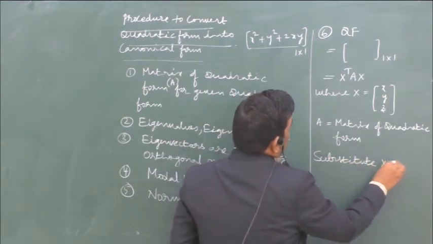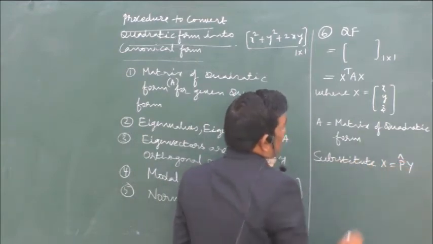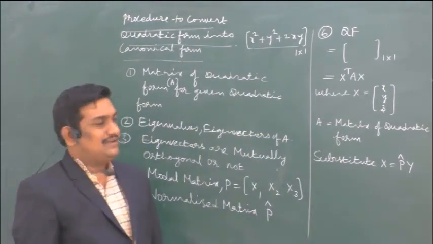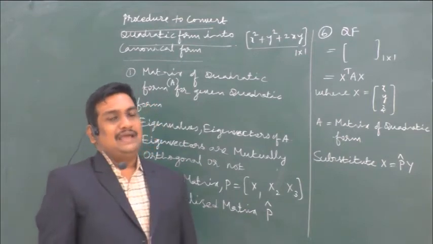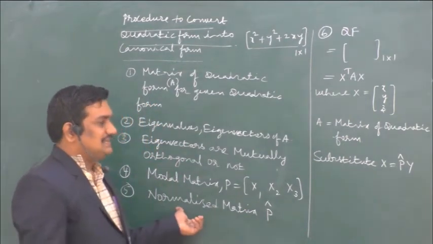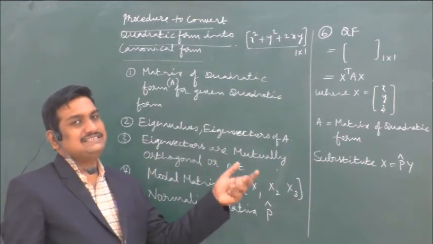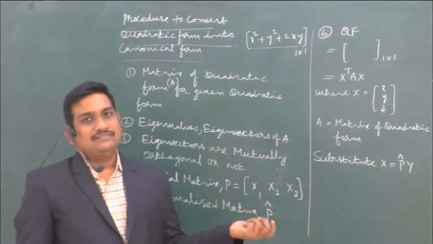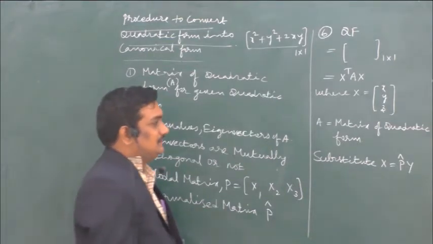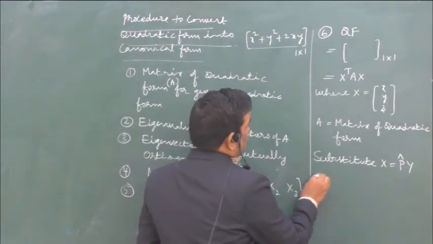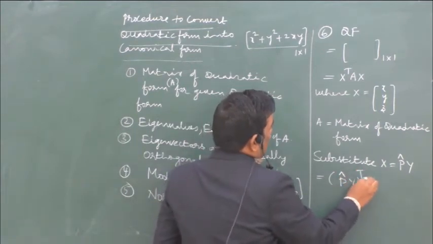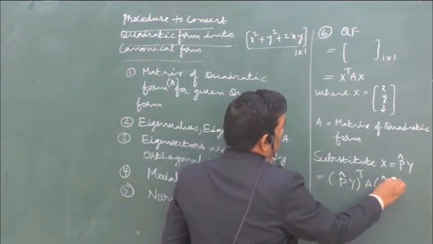Substitution: X equals P cap Y, where X is the column matrix, either x, y or x, y, z, P cap is the normalized modal matrix, and Y is again a column matrix, y1 y2 or y1 y2 y3 as required. After substitution it will be (P cap Y) transpose A (P cap Y).